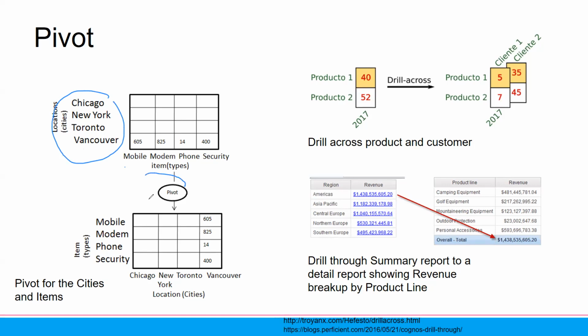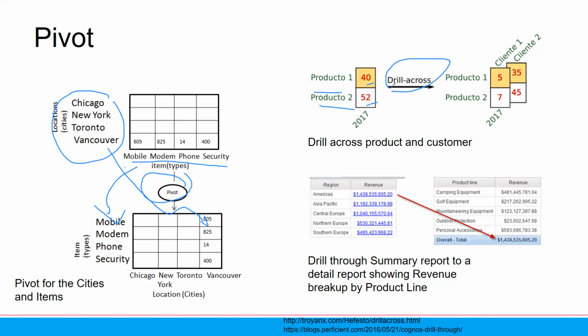When I do the pivoting, the mobile, modem, phone, security items are now the rows, and the location is now in the columns. Let's say I have product 1 and product 2, which I took from another site. We have product 1 as 40 and product 2 as 52, and then we want to drill across.